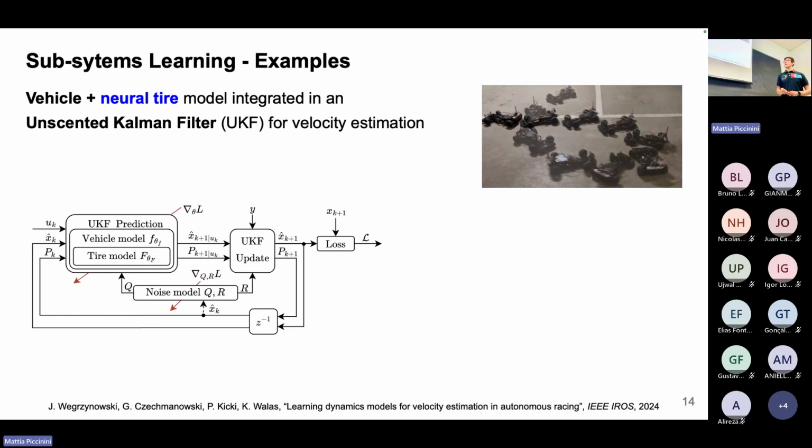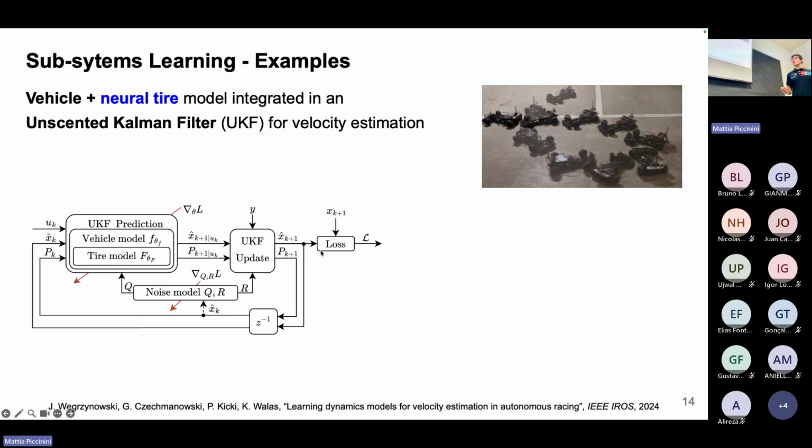So basically the vehicle model was integrated inside the prediction model. If you're familiar with Kalman filters, we always have a prediction and an update step. In the prediction step, they injected this vehicle model containing the neural tire model to estimate the predicted state and covariance P of the estimation error.